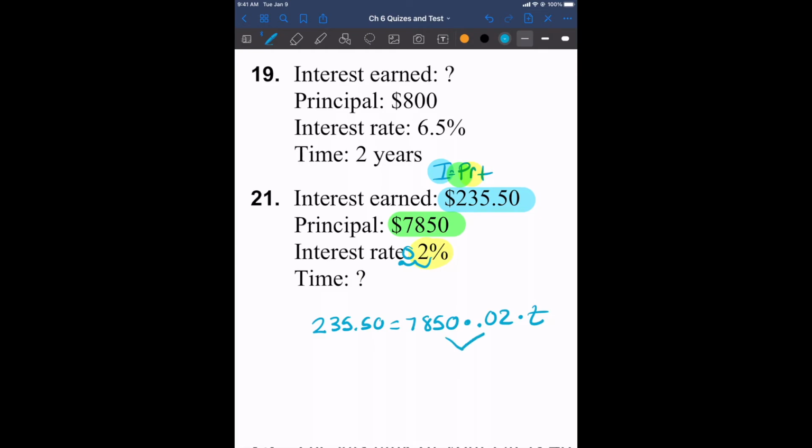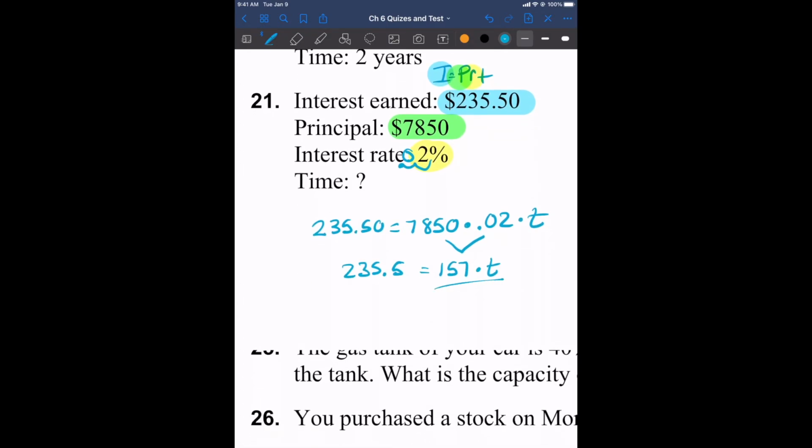Combine my like terms first. 7,850 times 0.02. 157 times T equals 235.5. All right, how the heck do I get 157 out of there? Divide it out.